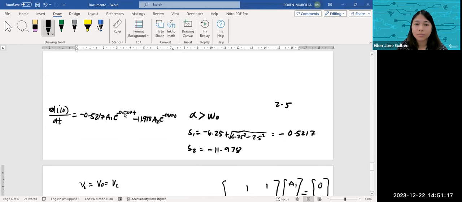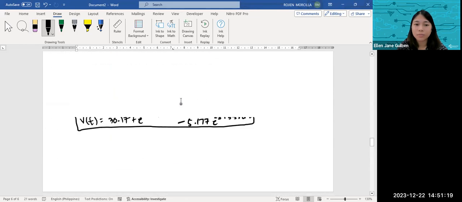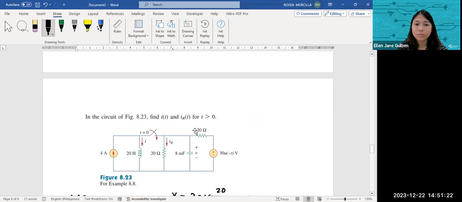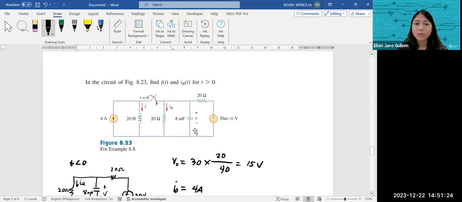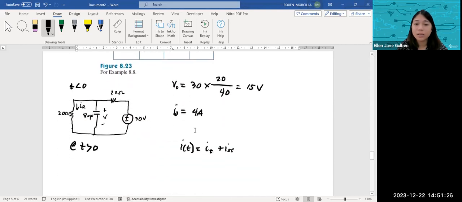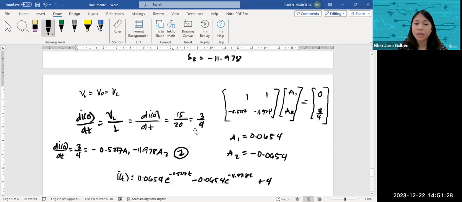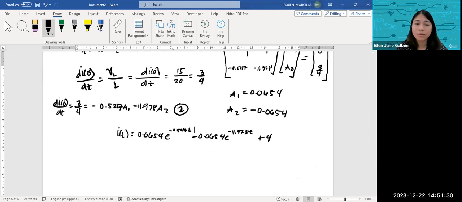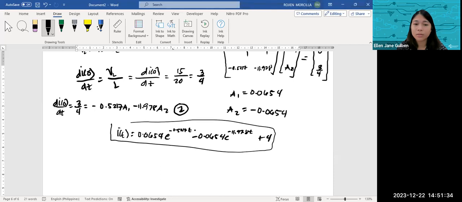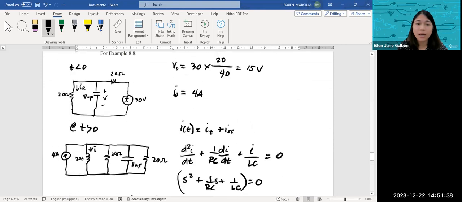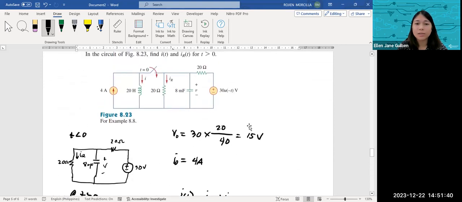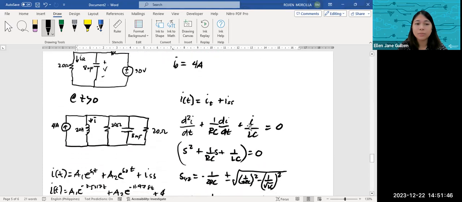Okay, so there we have I of t. Now let's find the value of our iR, for t greater than 0.